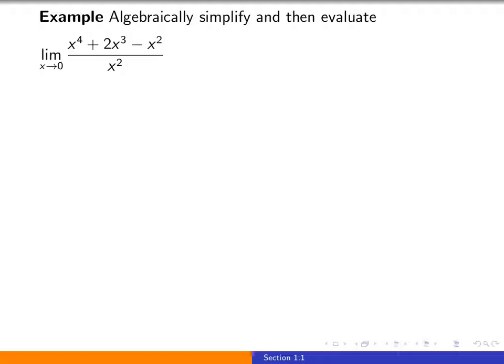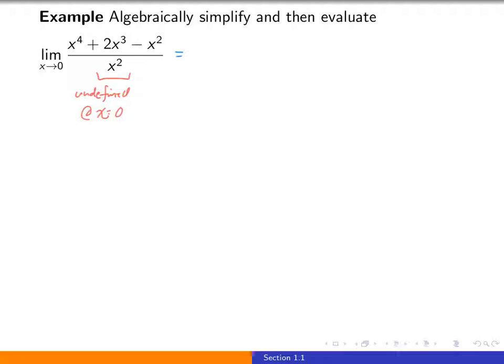Let's investigate another very familiar example. The limit as x approaches 0 of the expression here. Once again, the observation is, we are undefined at 0. But when we are taking the limit, we are not concerned what happens here at the point 0, just points really close to 0. So the obvious algebraic simplification is that each term that we see in the numerator contains an x squared.